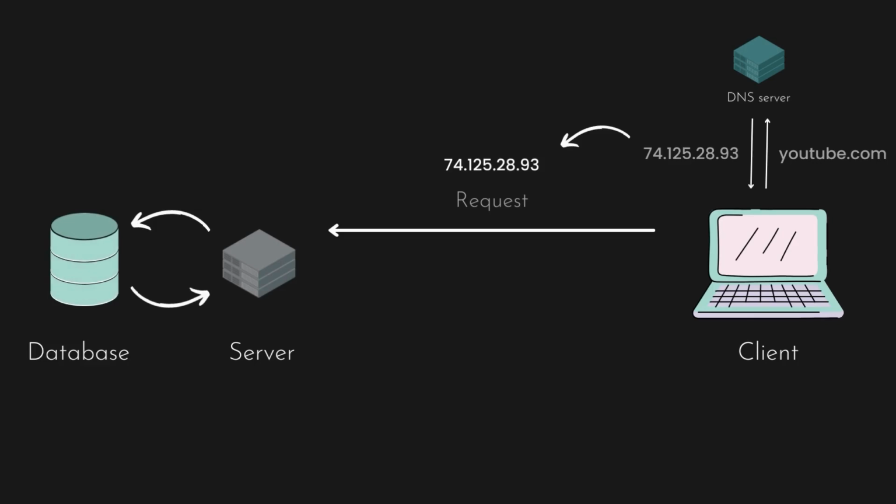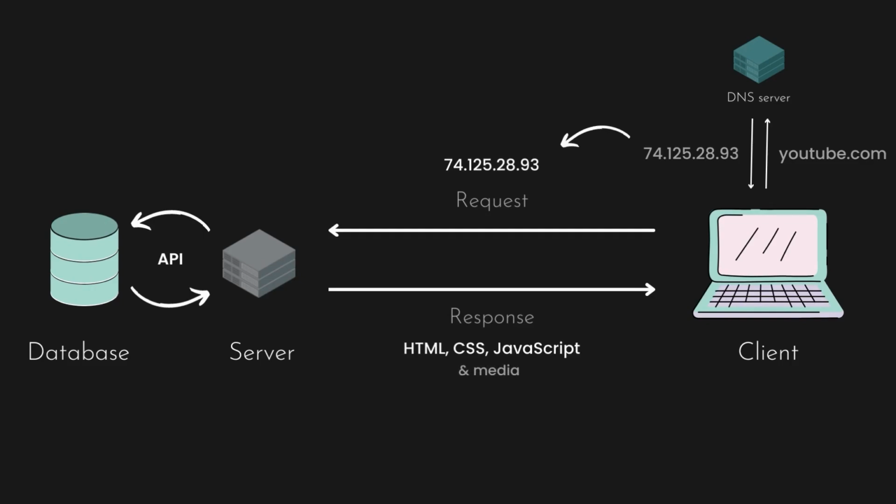So it makes a request to the database, and database sends the data back to the server. This is majorly done by APIs, and when the server gets the data from database, then it does some computations, whatever is needed, and then again sends back that data in the form of HTML, CSS, and JavaScript to the client computer.